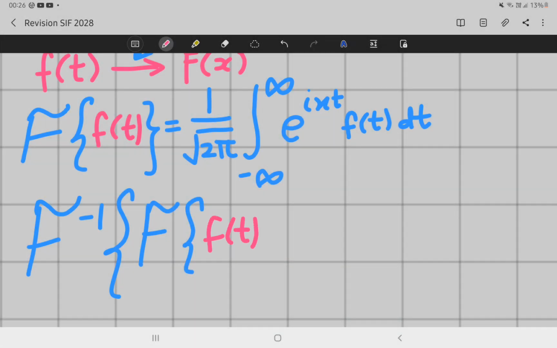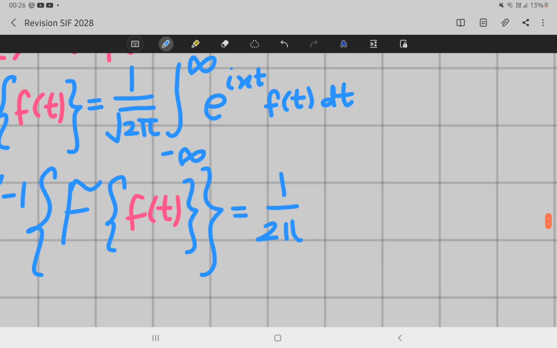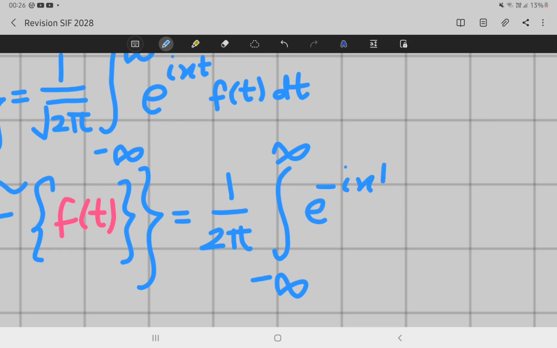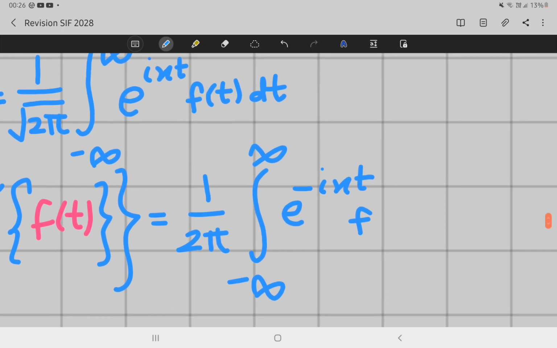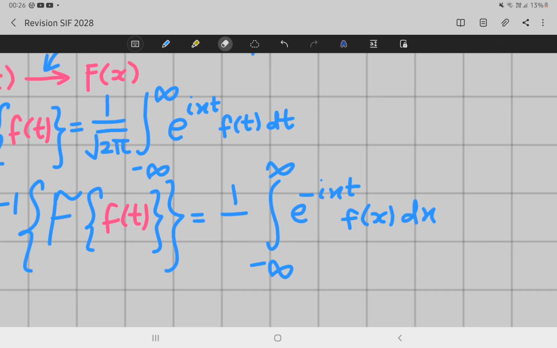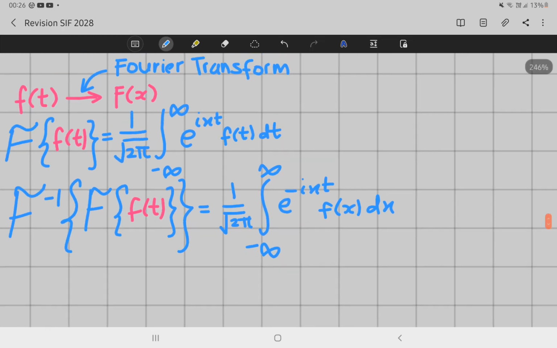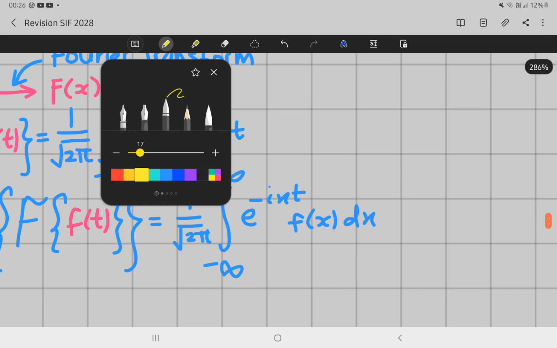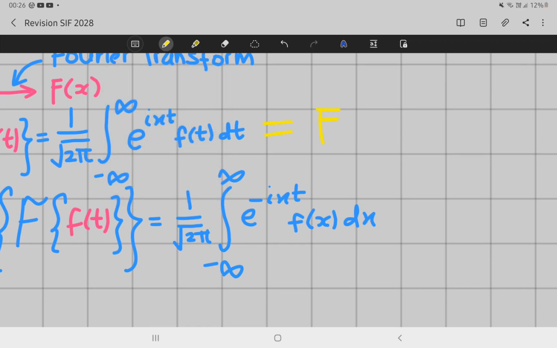F of t is just 1 by 2 pi, integration from minus infinity to infinity, e to the minus i x t, f of x dx. So we will get back f of x as we want.